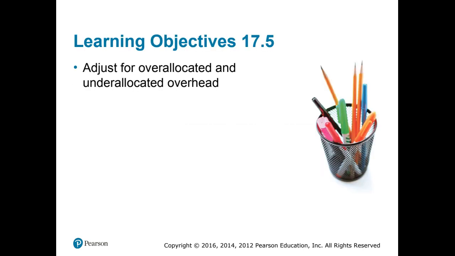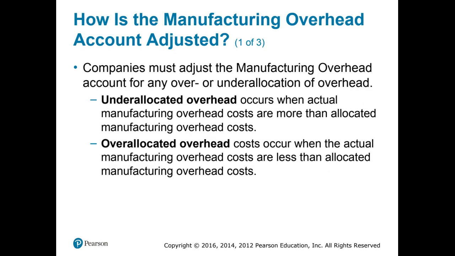We're going to adjust for over-allocated and under-allocated overhead. So how is the manufacturing overhead account adjusted? Companies must adjust the manufacturing overhead account for any over or under allocation of overhead.